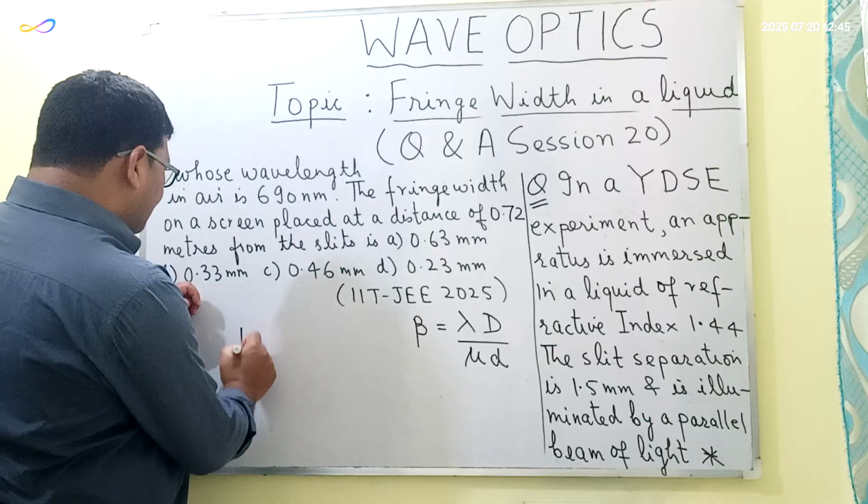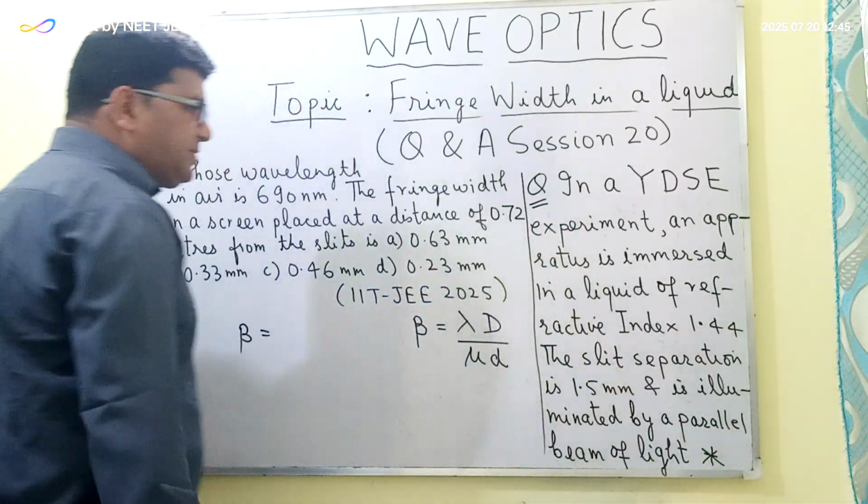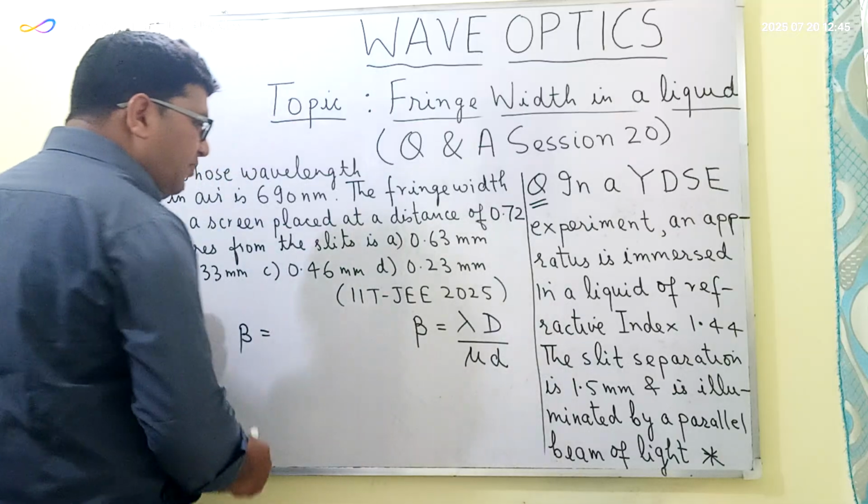So the fringe width when an apparatus is immersed in a liquid of refractive index 1.44 will be equal to lambda times capital D divided by mu times small d.